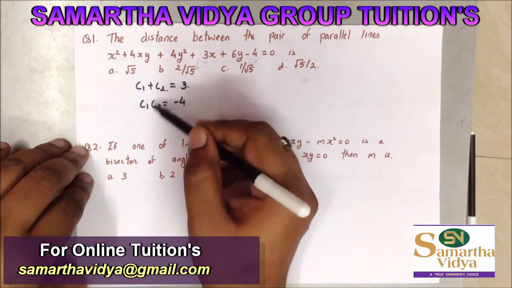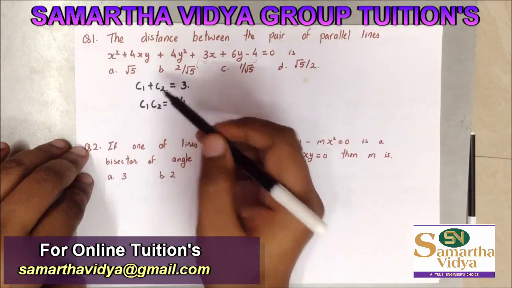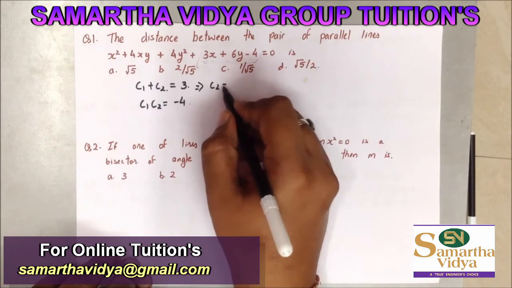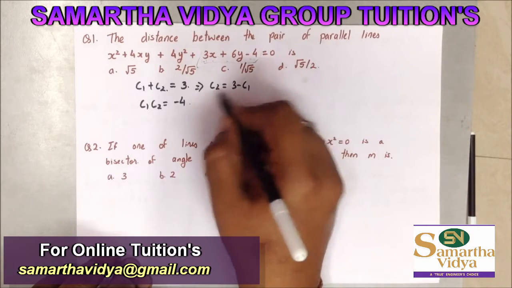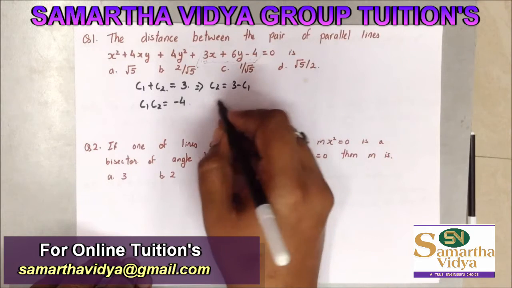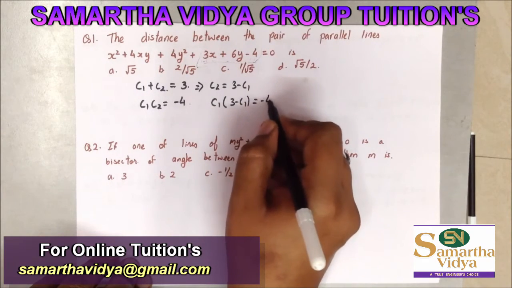Once we get C1 plus C2 and C1 times C2, we need to solve these two equations to find the values of C1 and C2. From this equation, I get C2 is equal to 3 minus C1, and let us substitute that. Instead of C2, I substitute, so C1 into 3 minus C1 is equal to minus 4.